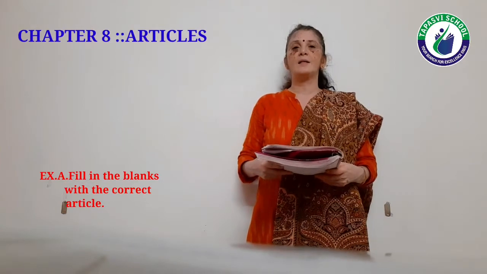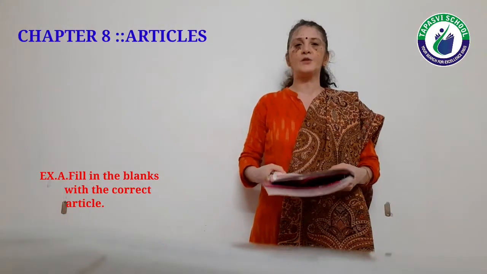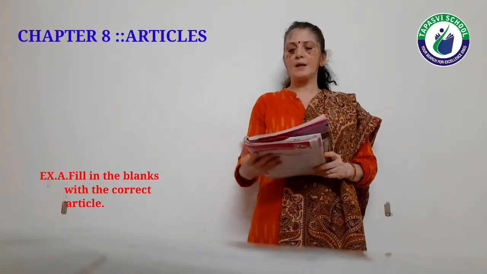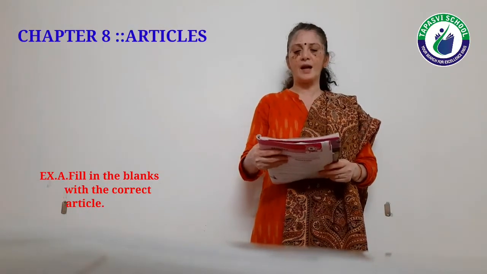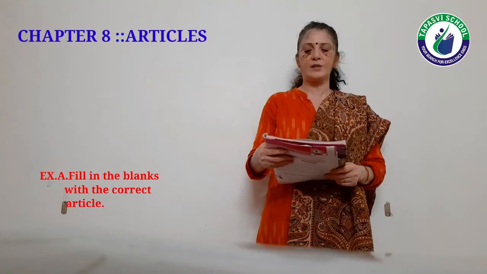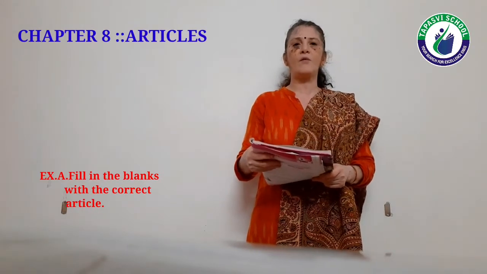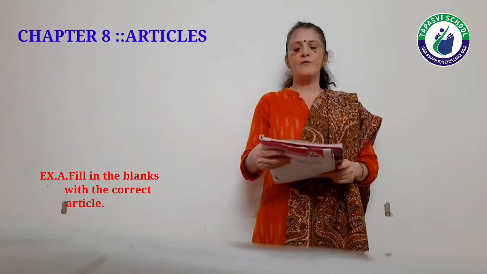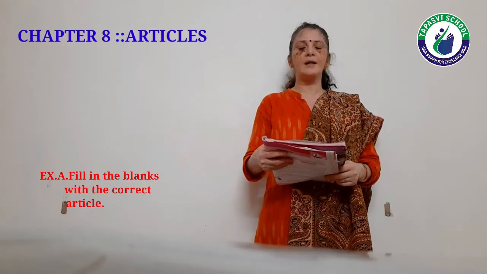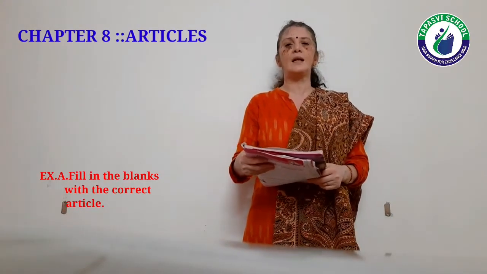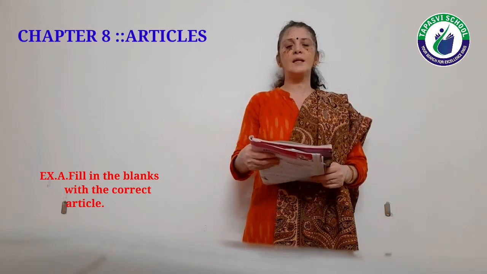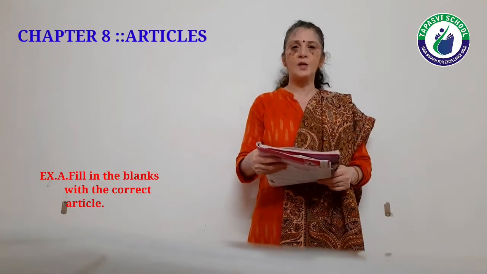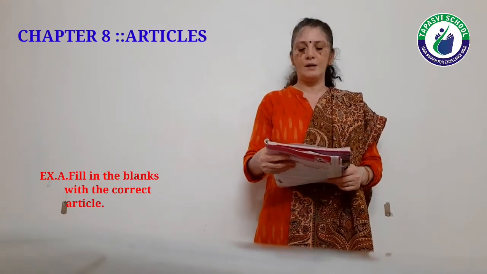The pronunciation of hour is a vowel sound, so we write an. Third, he considered himself dash alien in the television industry. Alien is a vowel sound, so we write an. Fourth, she wants to study in dash university in Delhi. University starts with a vowel, but the sound is a consonant, so we write a.